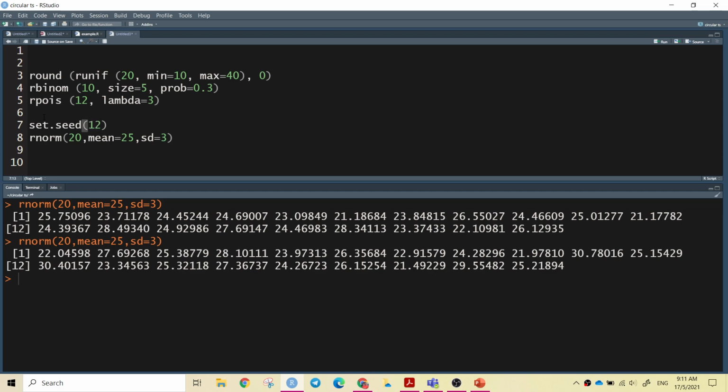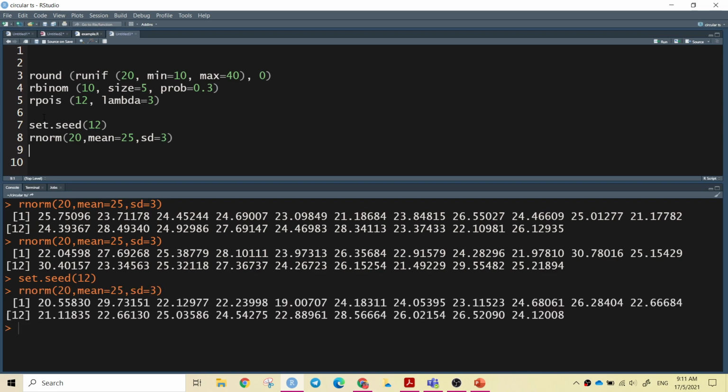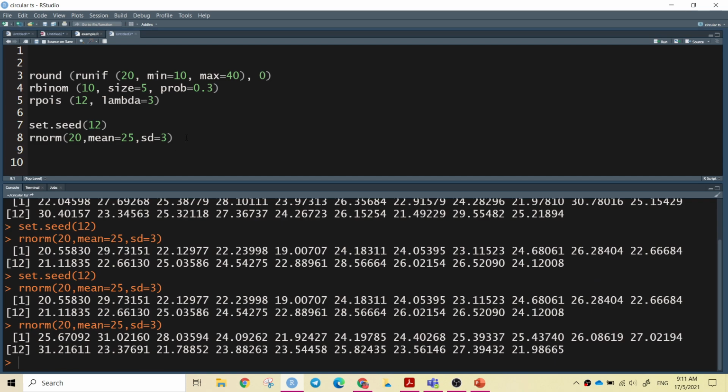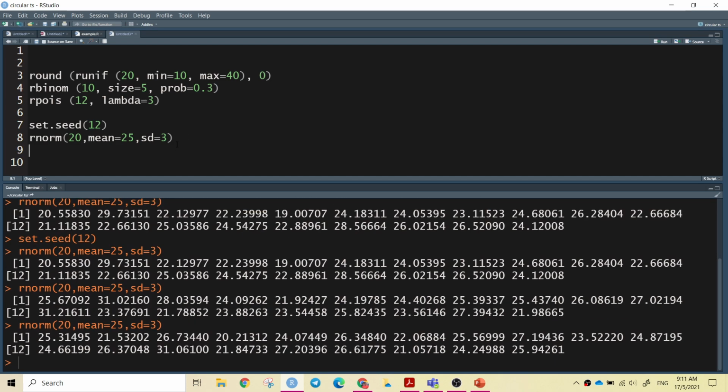You run set seed 12, and then again I run set seed 12, so here you will get the same output. If you don't run set seed first, you get a different output every time you generate random numbers. So that's the set seed function.